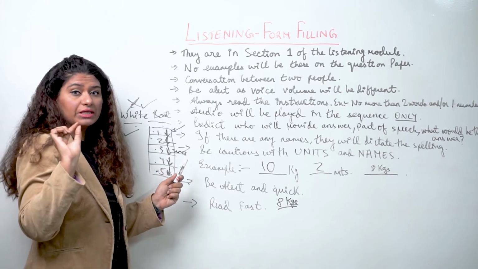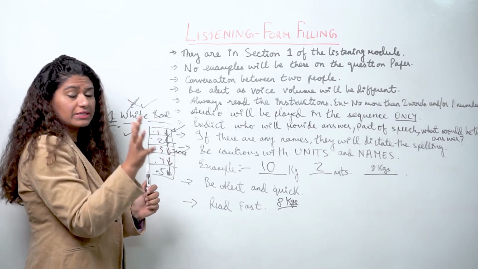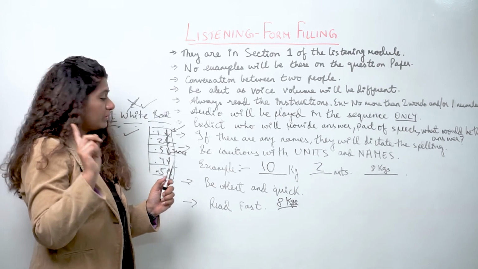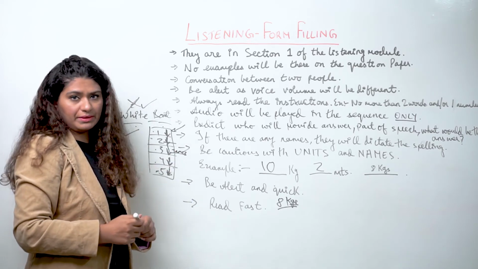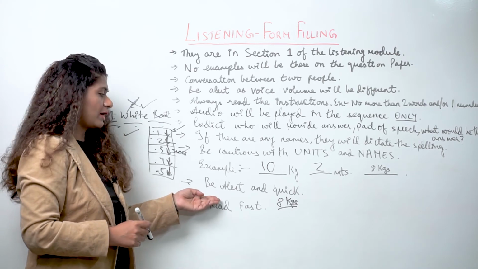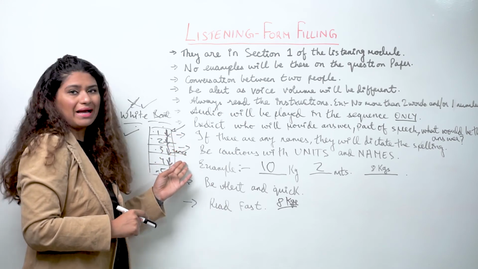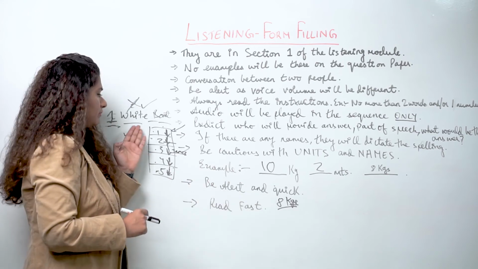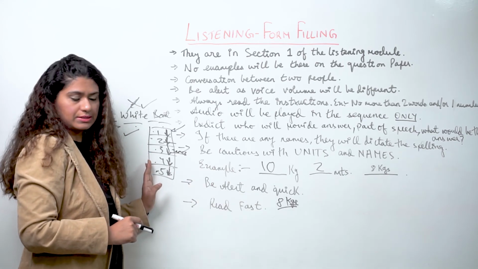So at that time, be very alert, because even if you are confused about what exactly the spelling of James is, you will hear it in the audio clip. So be alert and jot down the correct spelling in your question paper. Be alert and quick. Definitely in listening you have to be really alert and very quick, because the answers are going to be back to back. When you're alert and quick enough, it will make it easy for you not to skip any of the answers.